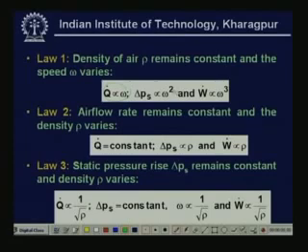Whereas the static pressure rise is proportional to omega square. Why? Static pressure rise is proportional to V square and V is proportional to omega. So, static pressure rise is proportional to omega square and the power input is proportional to omega cube.